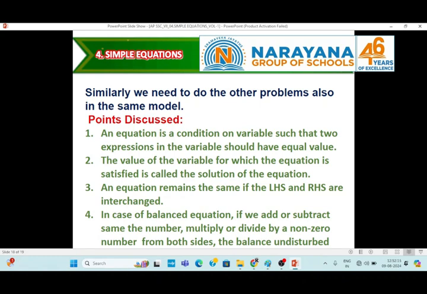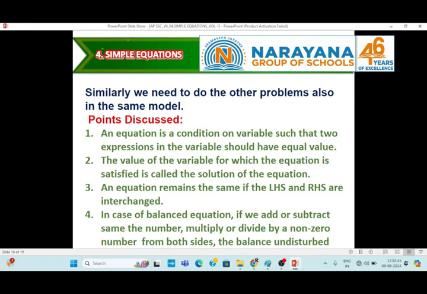Now what we discussed so far: an equation is a conditional statement in a variable such that two expressions in the variable should have equal value. The value of the variable for which the equation is satisfied is called the solution of the equation, or the root of the equation also. An equation remains the same if the LHS and RHS are interchanged.